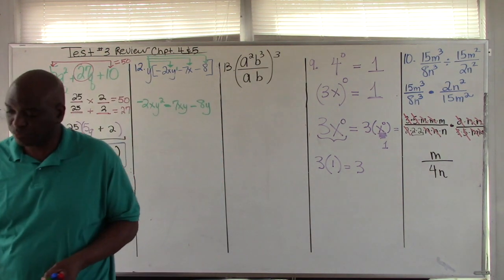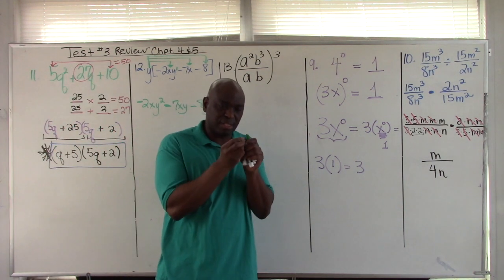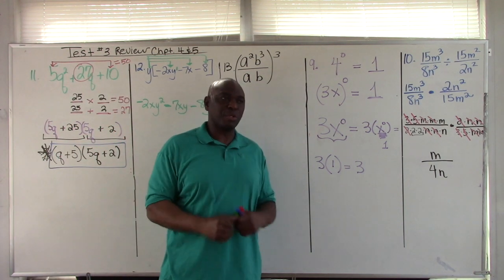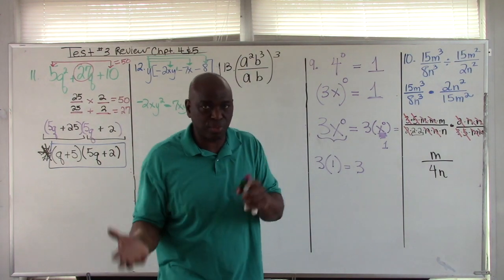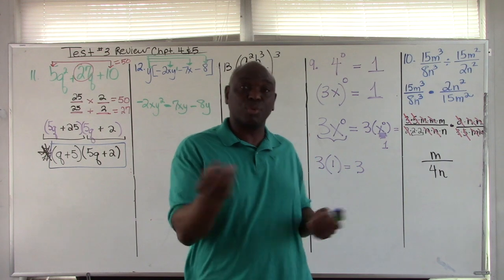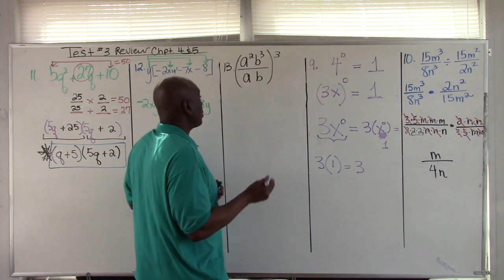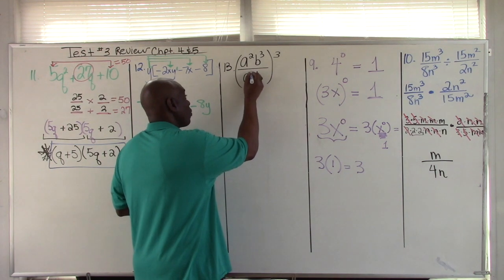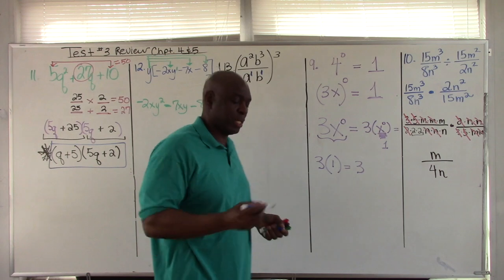Simplify. Ladies and gentlemen, there's no set way of doing this. You can work on the inside and then work your way out, or you can start on the outside and work your way in. Either way is correct. It does not matter. Whichever one you're most comfortable with, that's the way you can go ahead and do it. What I'm going to do, I know my power is 1 here. I'm going to start on the outside and work my way in.